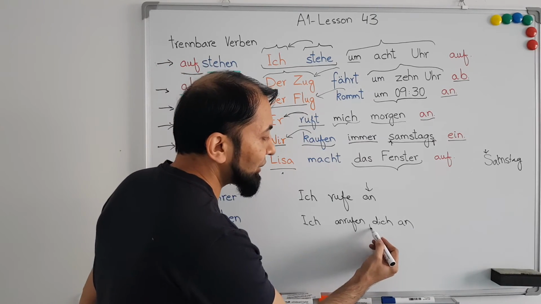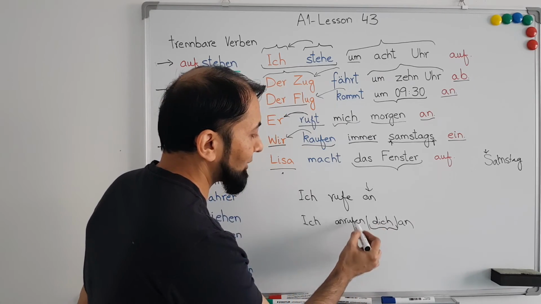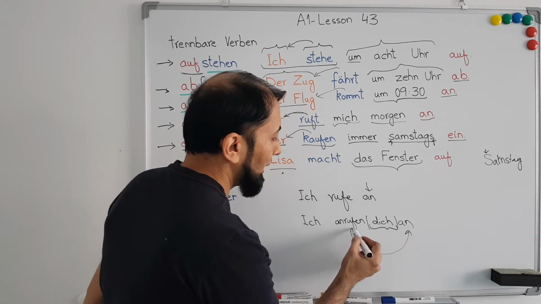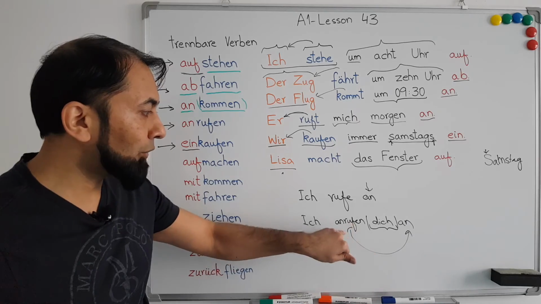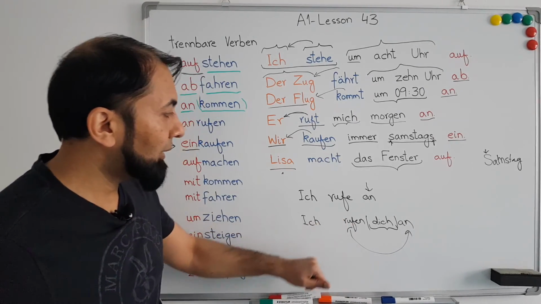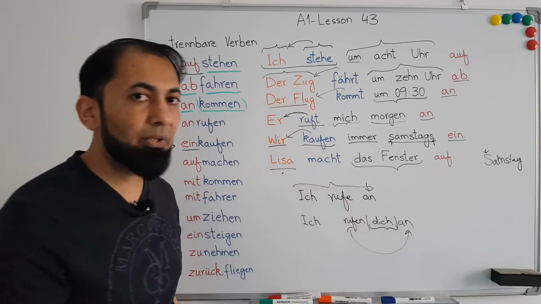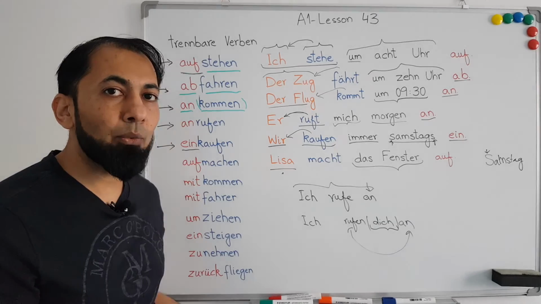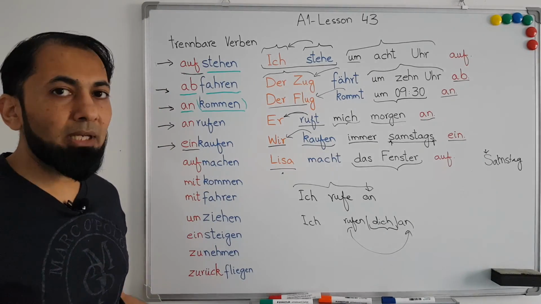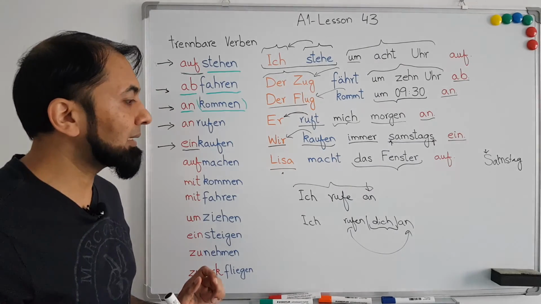Whatever is the additional part of the sentence will come between these two parts of the separable verb. So you should not use ich anrufe. This will be wrong. And it is perfectly right to say ich rufe an. Ich komme mit. Der Flug kommt an. So this is how you can use these separable verbs.